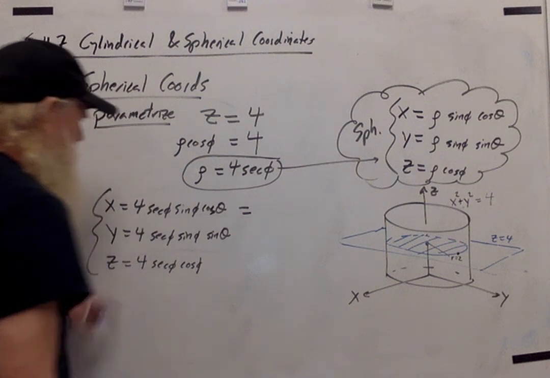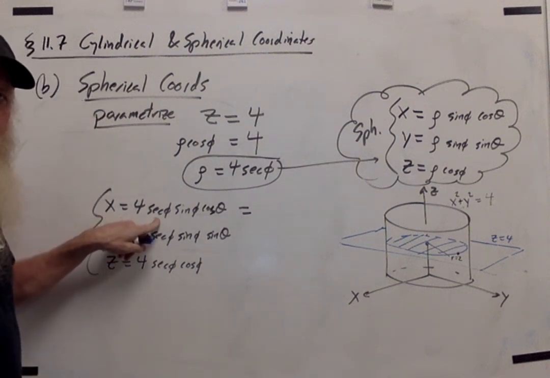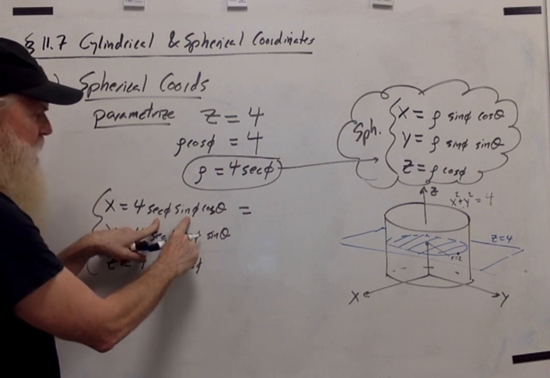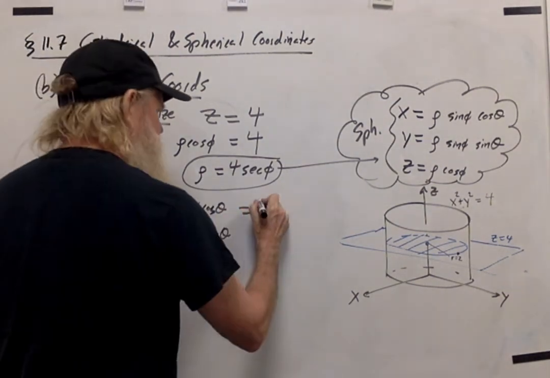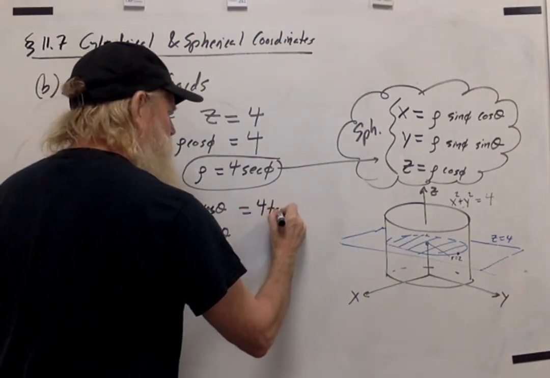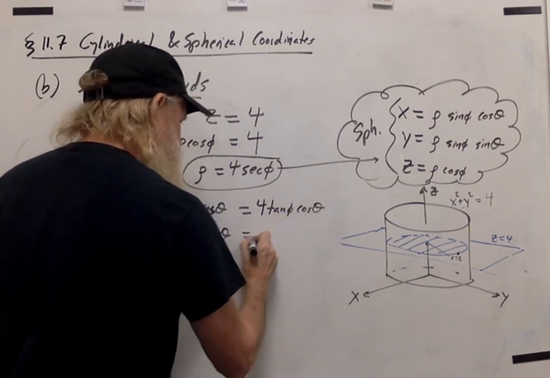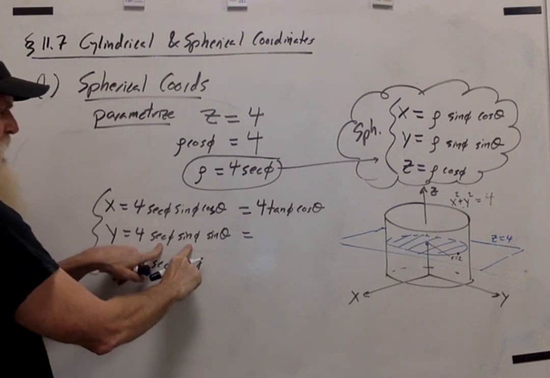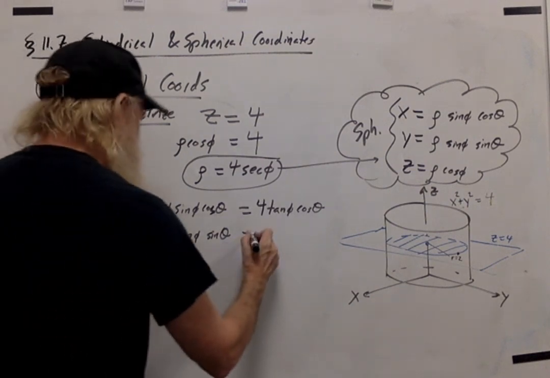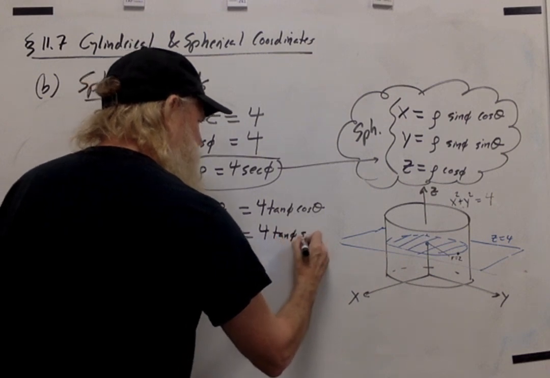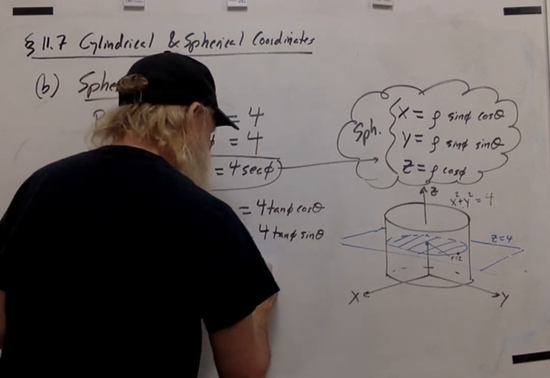Simplifying a little bit, secant is 1 over cosine, so secant phi times sine phi is the same as tangent phi. So this is 4 tangent phi cosine theta. Once again, secant phi times sine phi is tangent phi. So y is 4 tangent phi sine theta.